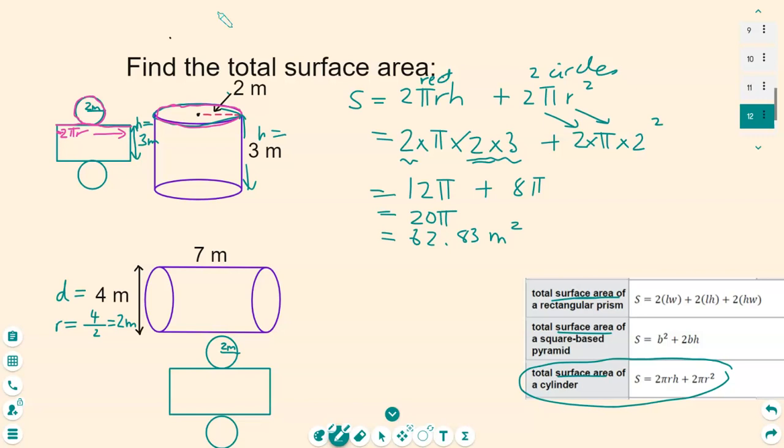And then what are the other important dimensions? Remember, what is the length of this rectangle going to be? You're going to be wrapping the rectangle around this circle. Distance around the circle is 2 pi r.